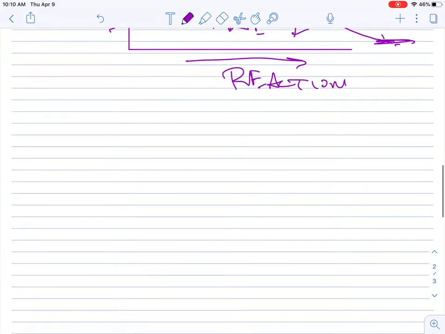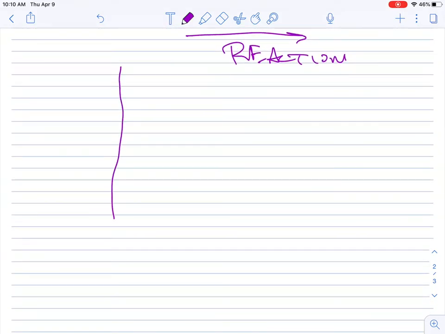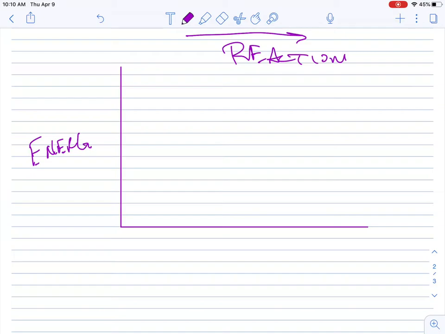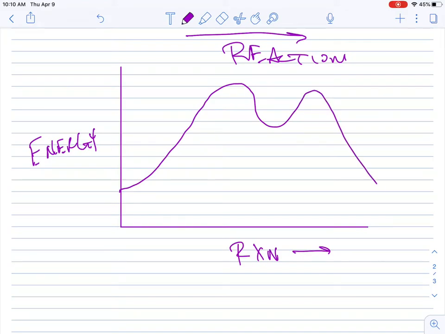Now, sometimes this becomes a little bit more complicated. If you remember, you can have complex reactions, where a reaction forms a product, and then that product gets consumed. Here's how we handle that. Here's your energy, here's the reaction. It's kind of like a camel.